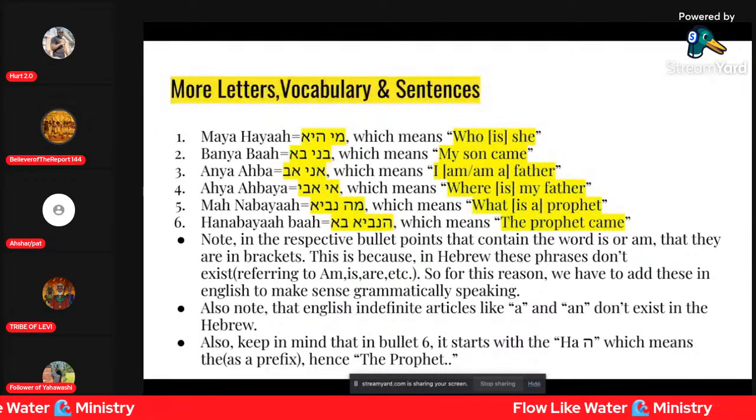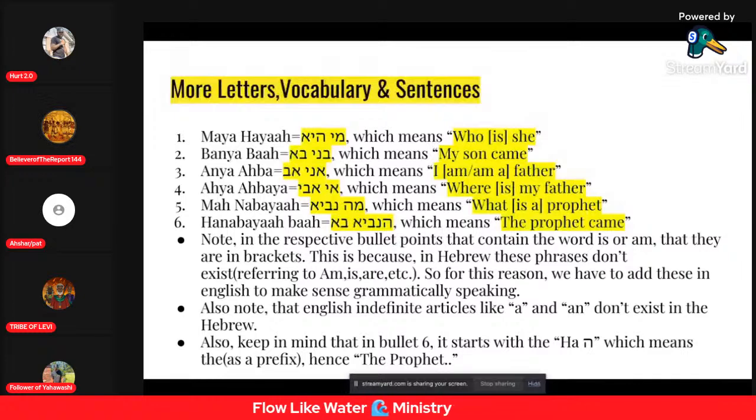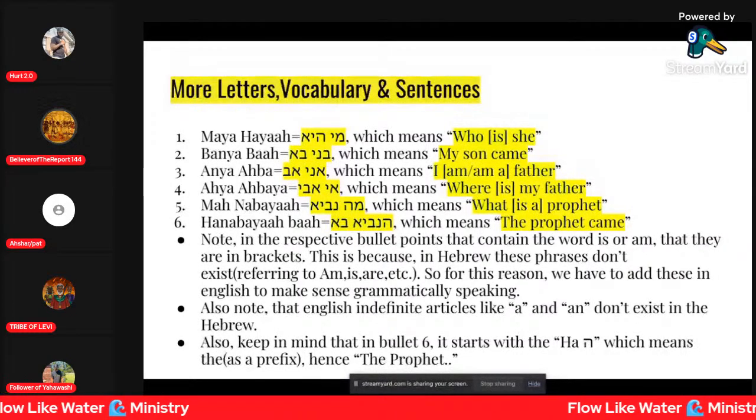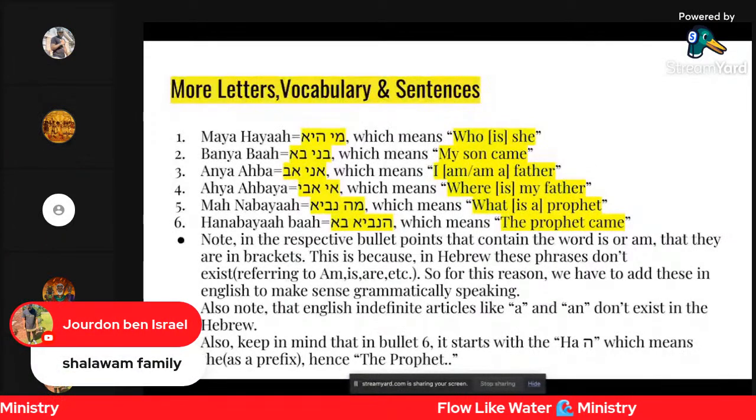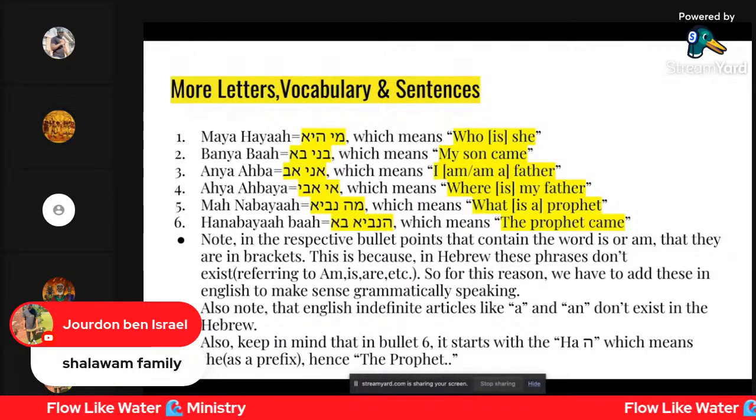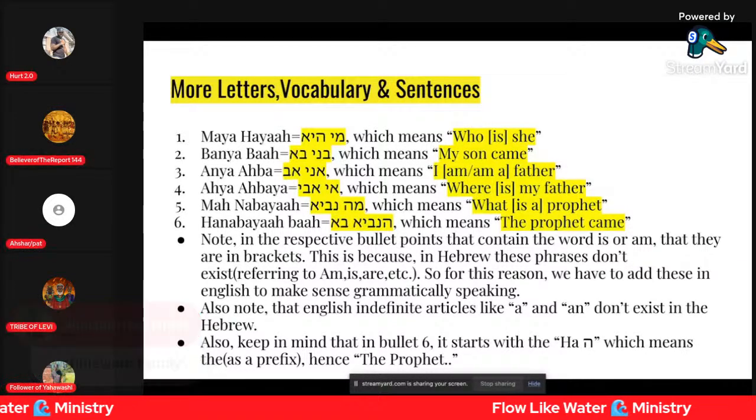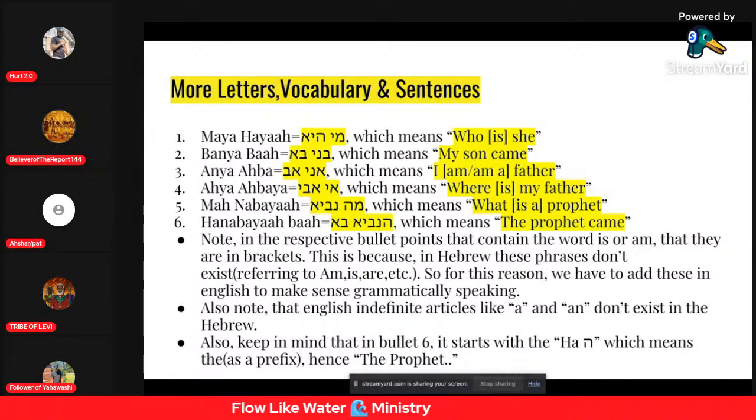This is also good to know within your Bible studies as you're studying the Hebrew text. You'll see certain words are in brackets or italicized, or things of that sort. That's speaking for the KJV. The reason for that is because those words aren't actually in the text.